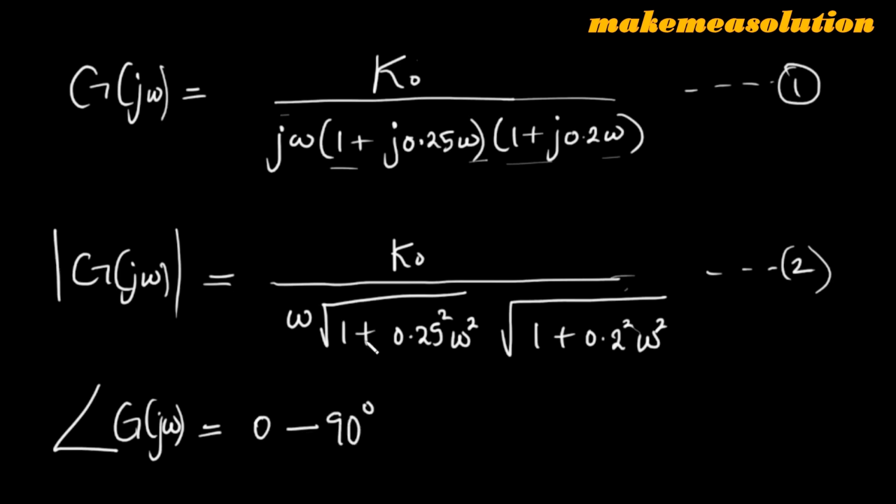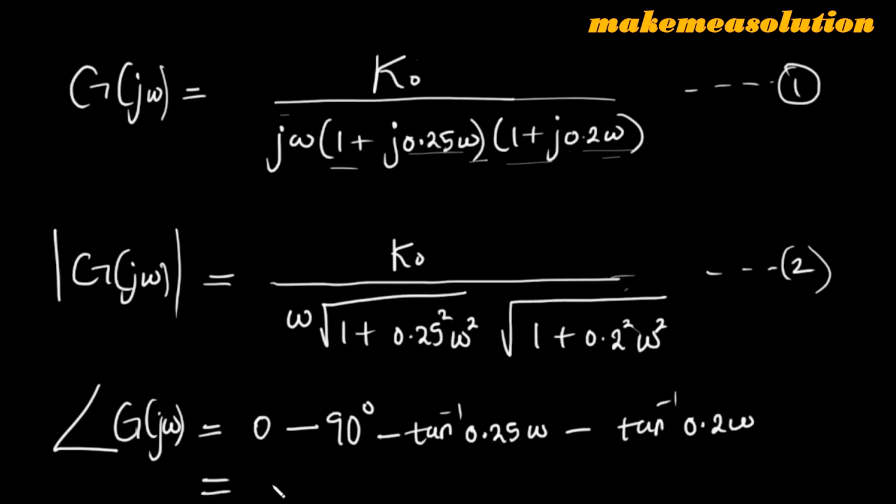I hope you still remember how it's 90 degrees, and the phase of this one is going to be minus tan inverse of this value divided by 1, which is still the same thing as this value, 0.25 omega, then minus this value divided by 1, and you put it in a tan inverse of 0.2 omega.